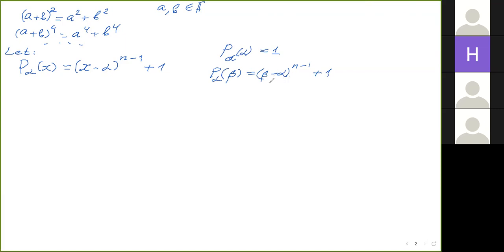And we know actually that every non-zero element raised to the power of n minus 1 equals 1. This is because our field has n minus 1 non-zero elements, and so the order of the multiplicative group is n minus 1, and so the order of an element divides n minus 1.